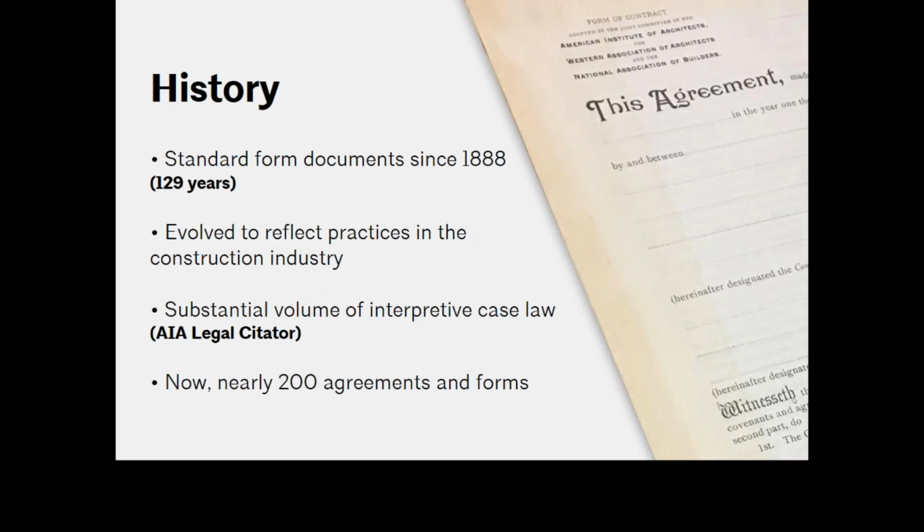So you can go to the AIA Legal Citator, and very often you can find a case in which a court, that has precedence over your particular dispute, has actually rendered a decision on a piece of language. That's very helpful in avoiding disputes and for resolving disputes quickly if you already know what a court in your jurisdiction is going to say about a particular piece of contract language that you've entered into.